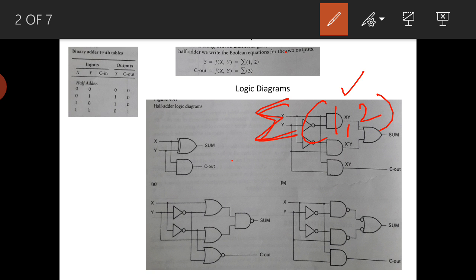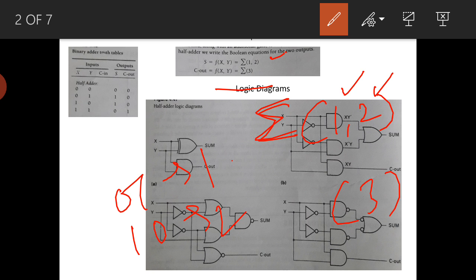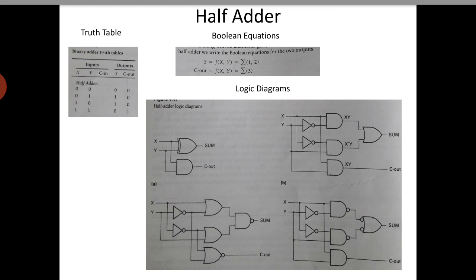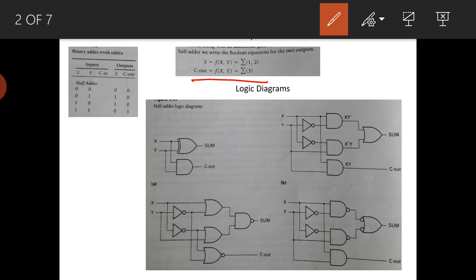If xy has the binary value 0 1, that is 1, and for 1 0, that is 2. So 1 and 2 are the minterms for the sum. For the carry, the minterm is 3. So we know the truth table.